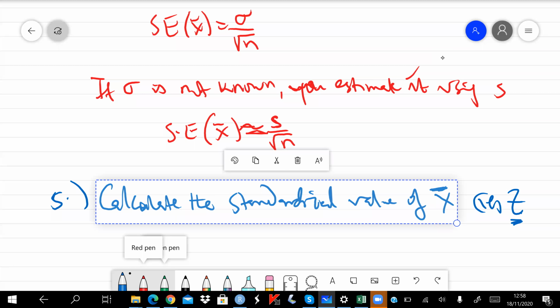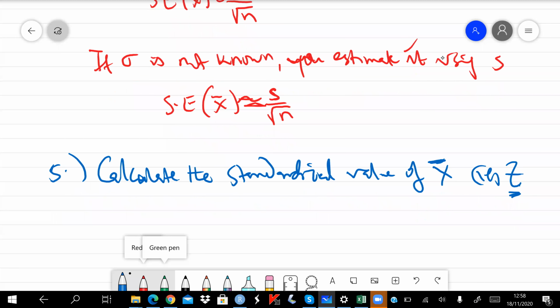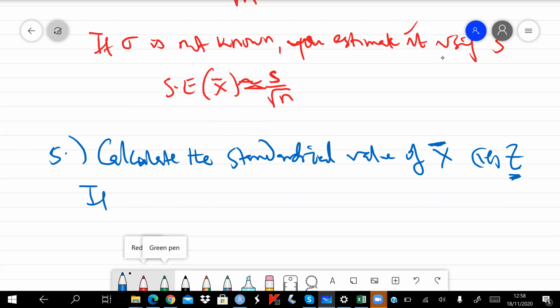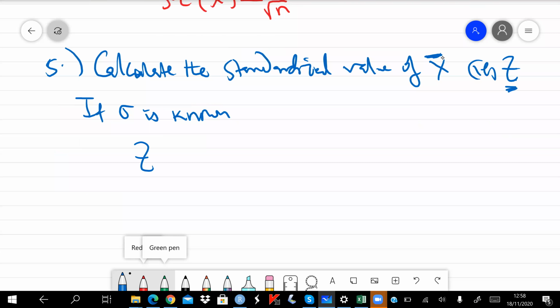Okay. So we say that if sigma is known, this is how we obtain z. Z is given by x bar minus mu naught, where mu naught is a hypothetical value, divided by sigma over root n.